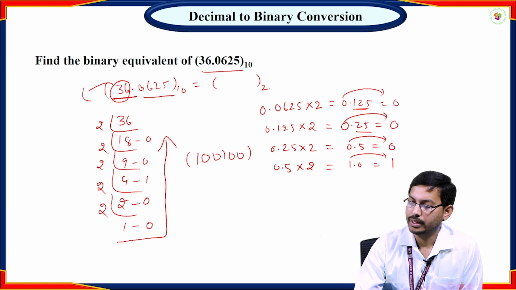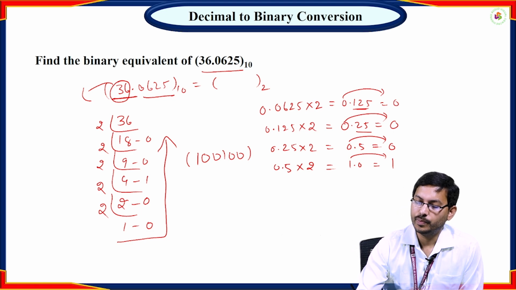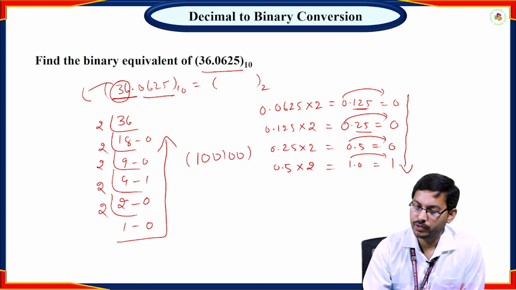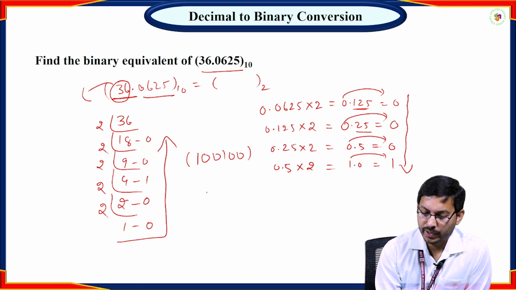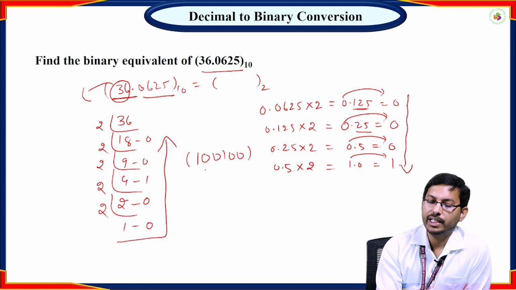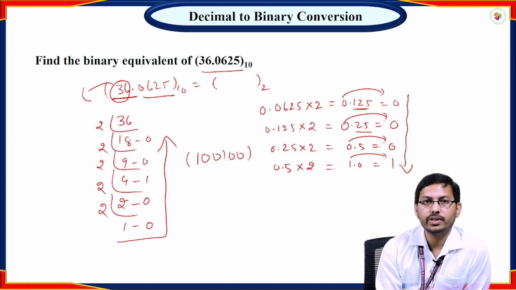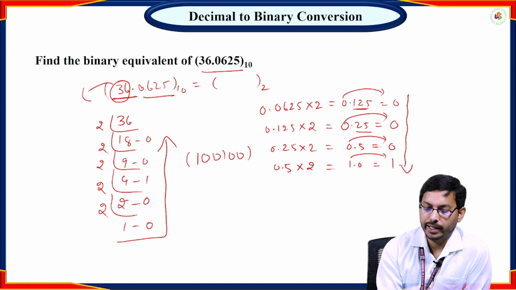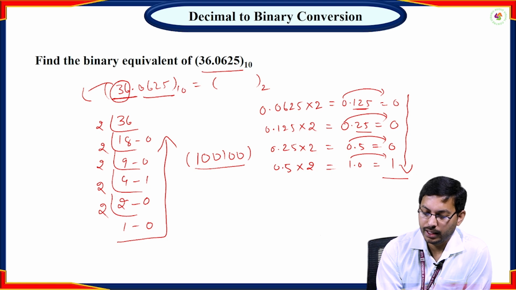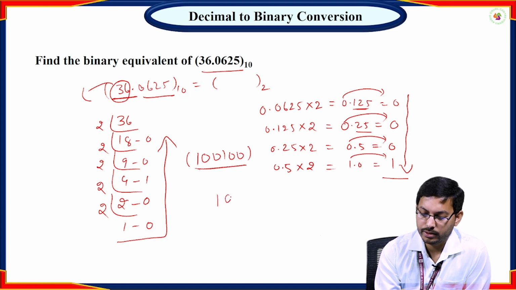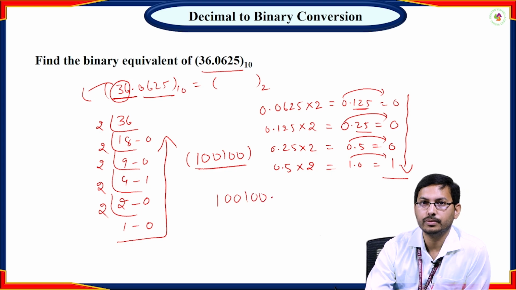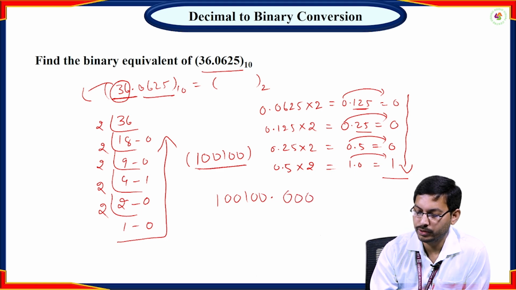Okay, that's it. So after performing this multiplication, we need to take these values from top to bottom. The decimal equivalent value is 36.0625. To convert it into binary, first write 36 converted into a binary value, that is 100100 point. Whatever values we are getting for the fractional part, here 0 0 0 1.